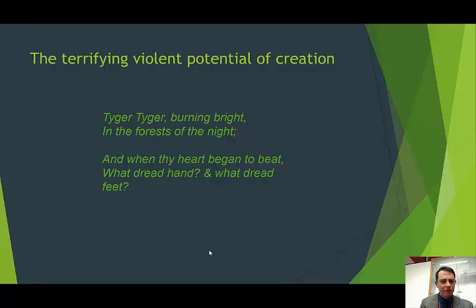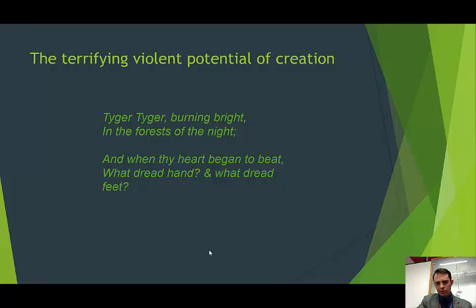And then there's this reference to its dread hand and dread feet. And we know that the hands and feet of a tiger have claws. So this is really interesting because we know that the creator of the tiger gave it claws. And because it gave it claws, the creator intends this being, this beast, to use the claws to inflict violence.